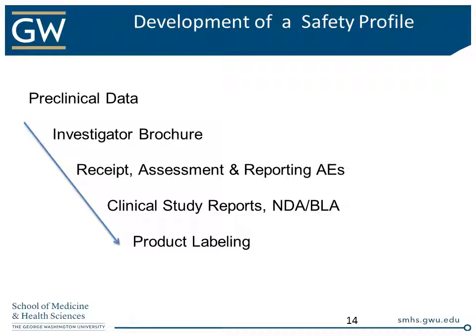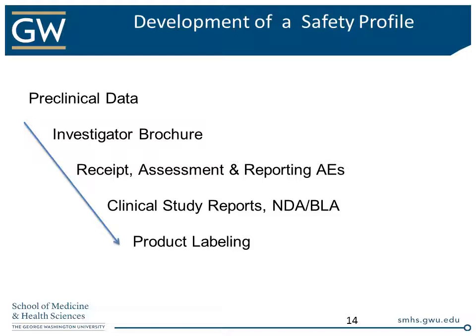As a quick wrap up, we've explored safety risk management activities in developing an investigational product, which is a very dynamic, complex process. As the investigational product moves through the phases of development, the safety profile is updated and maintained through assessing the large amounts of safety data generated throughout the development program.